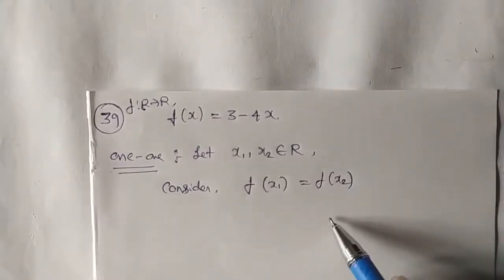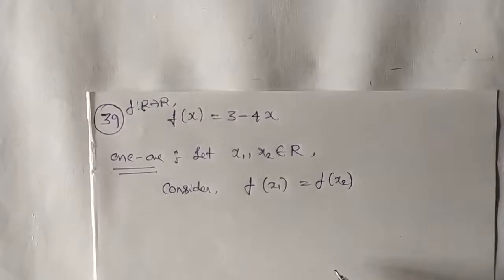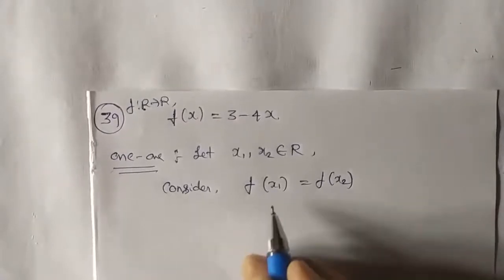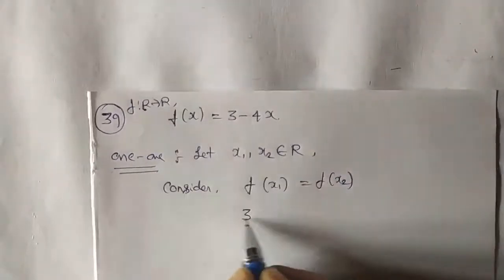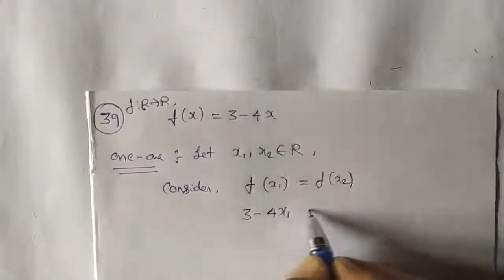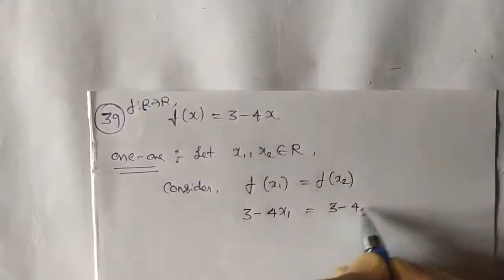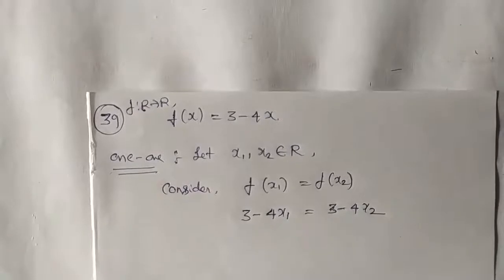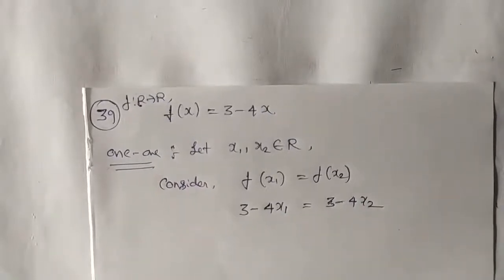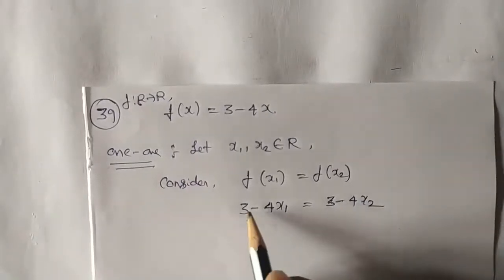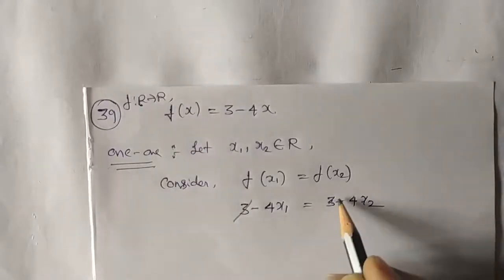After simplifying, finally if we get x1 equals x2, we can say that the given function is one-one. So f of x1 is 3 minus 4x1 equals 3 minus 4x2. You should not cancel all the terms in a single step. Step by step you have to cancel.